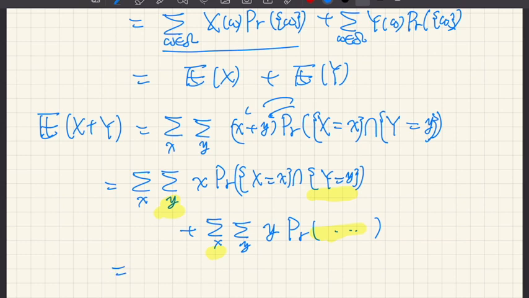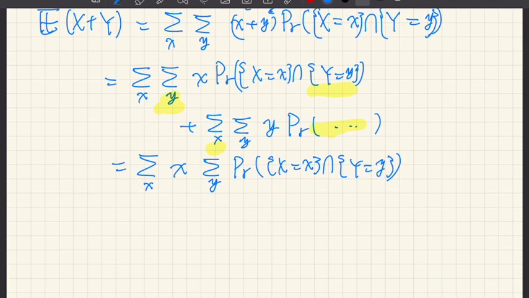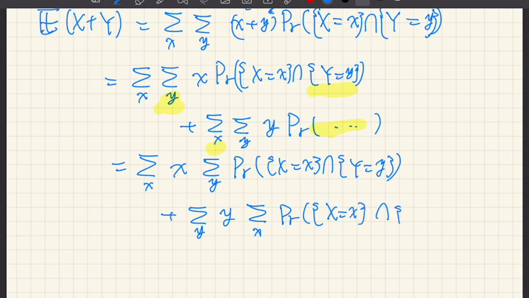So we can write this as a sum over y, and similarly we have first the sum over y, then the sum over x. Now, do you remember what this is?